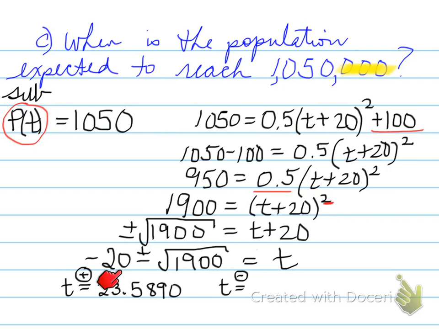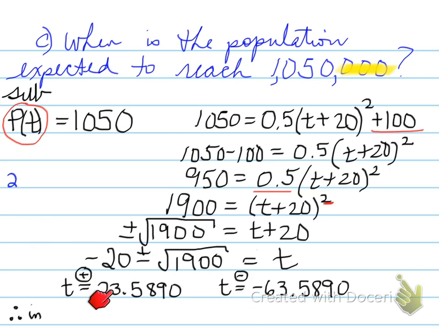Then I would have taken negative 20 minus the square root of 1,900, and that would have given us negative 63.5890. Plus in this question, you get this. Minus in this question, you get this.